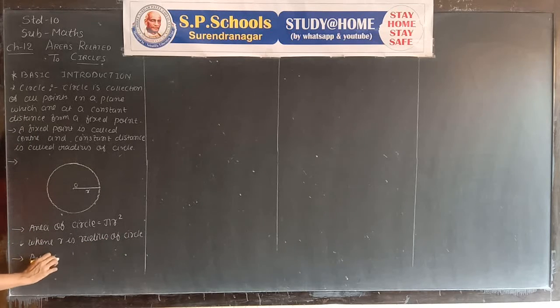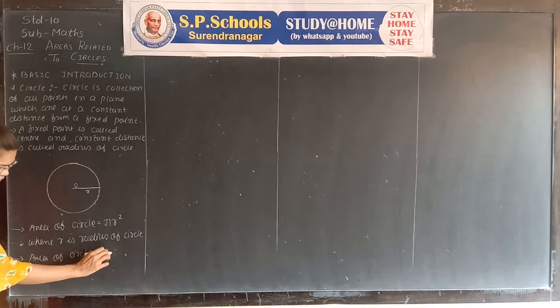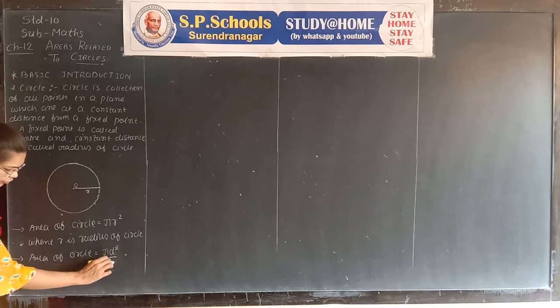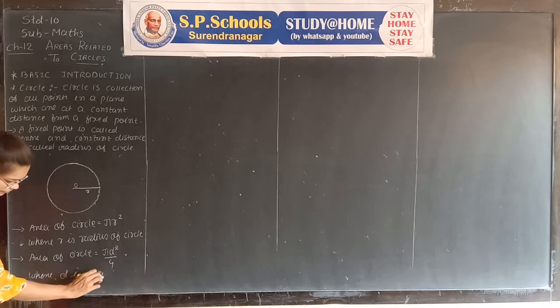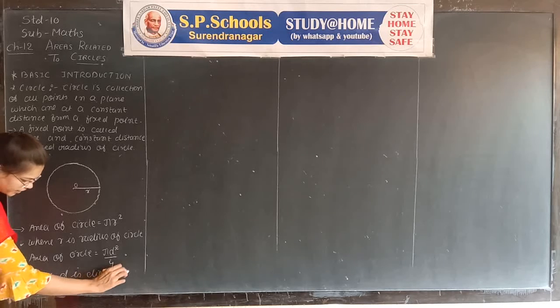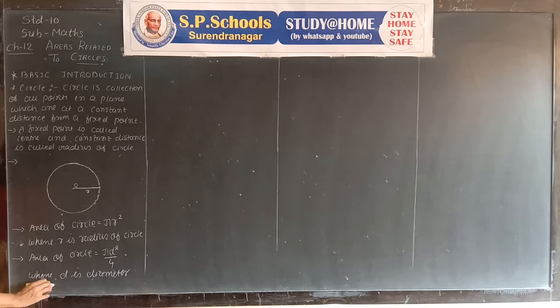You also have to write the area in terms of diameter. Area of circle is equal to pi d square upon 4, where d is the diameter of the circle.